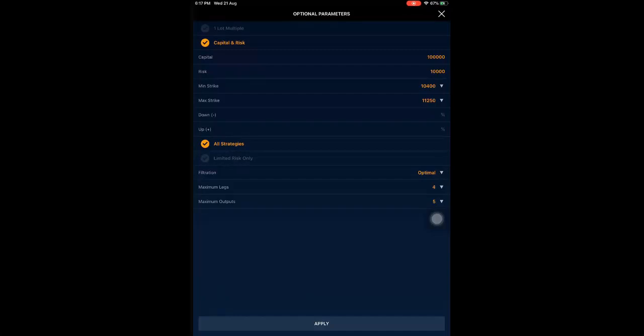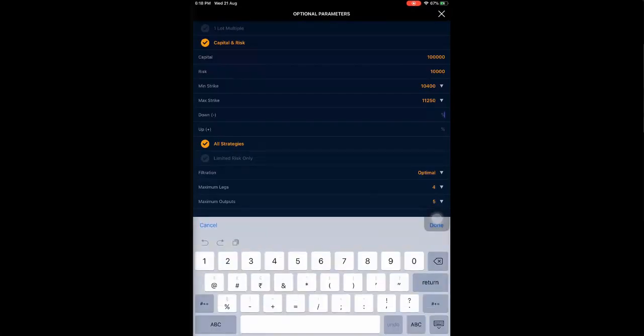That means the current vol is 17%. If the vol falls by 25% from 17%, which is nearly a 4% drop, it comes to 13. Or if it increases by 25%, it comes to 21. So my range becomes 13 to 21. In this vol scenario, give me the best strategy. So I am taking care of the volatility increase or decrease. Now the user has the flexibility whether they want to put in their own custom one.